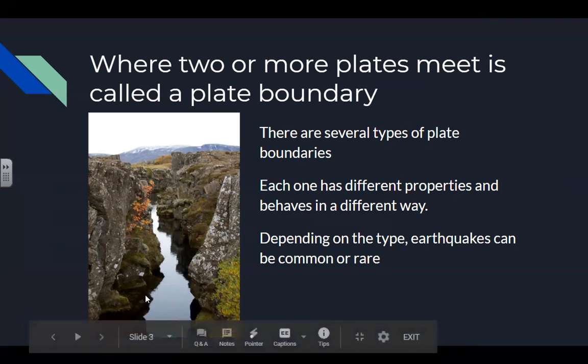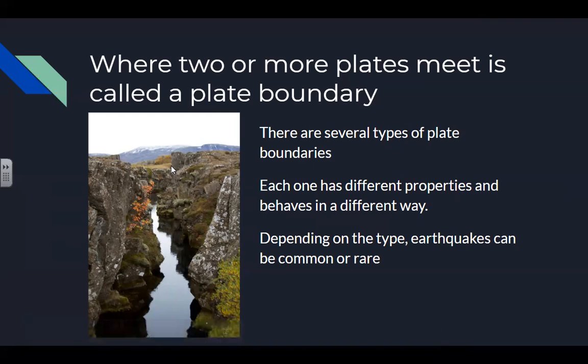This thing might be 8 meters tall, maybe 20-something feet. These cliffs go down into this river canyon situation. This is actually the plate boundary between the East Atlantic plate and the West Atlantic plate. And this picture was taken in Iceland.